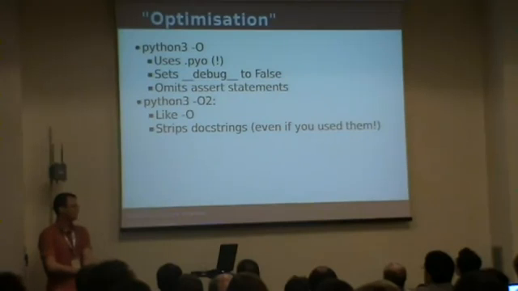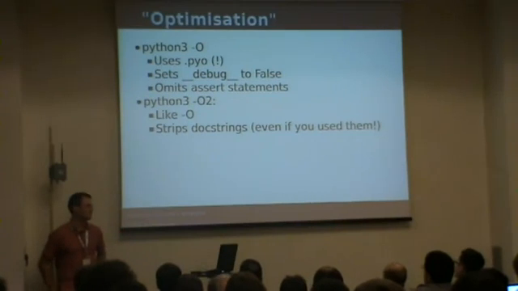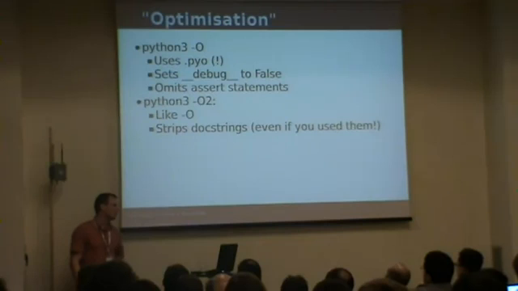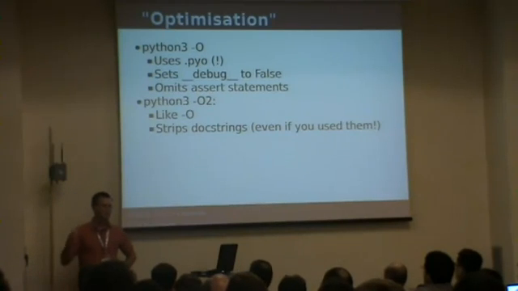Before actually going into it, it's good to explain some more about these two optimization switches that exist, because they don't really optimize anything. They modify the bytecode. Firstly, when you start using them, you will end up with .pyo files. This is a bit odd, Python is one of the only languages I know that actually uses a different extension.